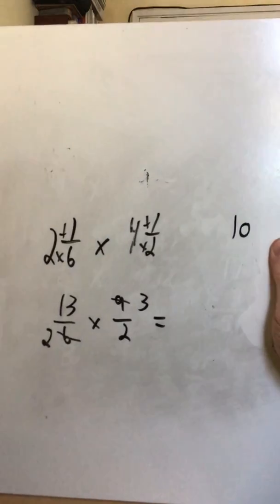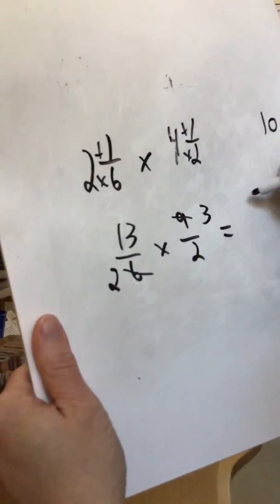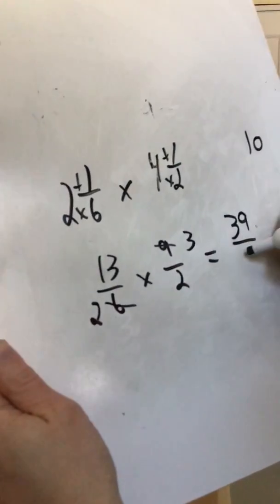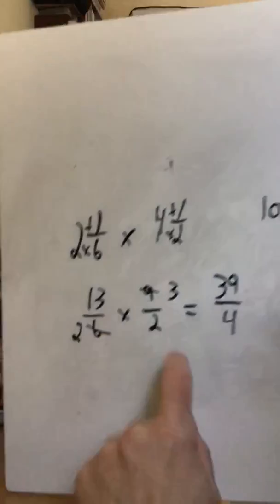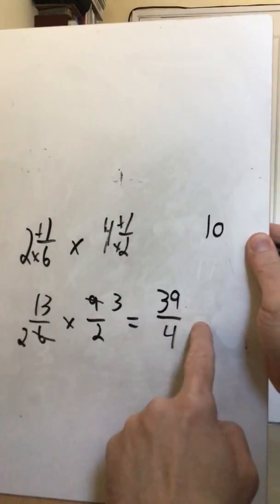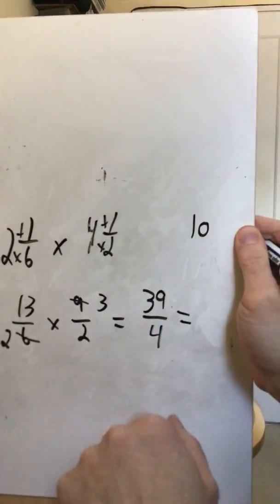Now I can do my multiplication across. So 13 times 3 is 39, and 2 times 2 is 4. Again, I have to reconvert now, so I have 39 over 4, and I'm going to do my division. How many times does 4 go into 39?